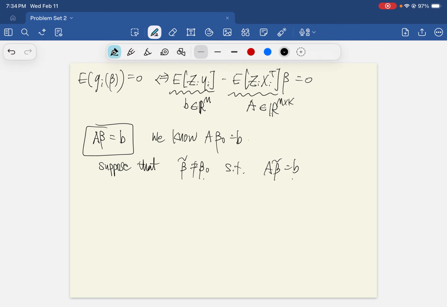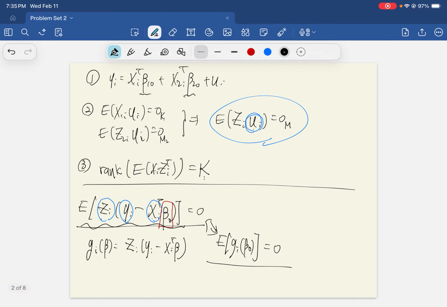Then beta tilde is another solution, so beta 0 is not uniquely identified. I'm showing that this is a contradiction. It cannot happen, because if it did, you can easily find that this equals 0.